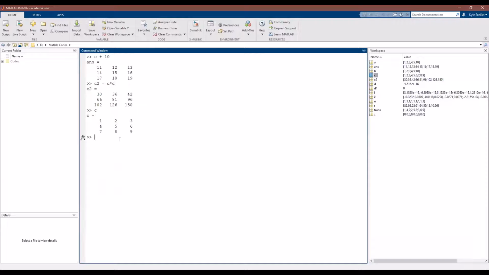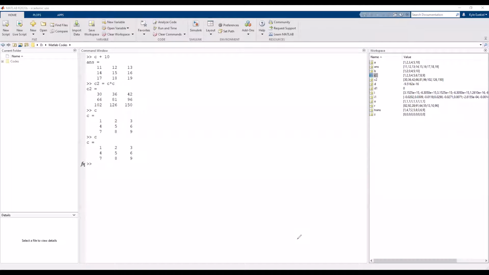So what if I want to multiply my matrix elements with their respective row and column positions?